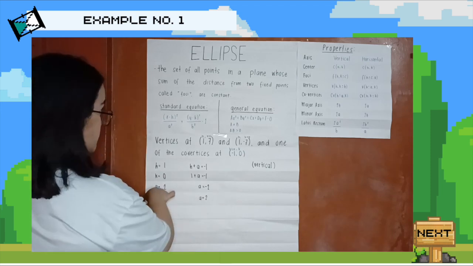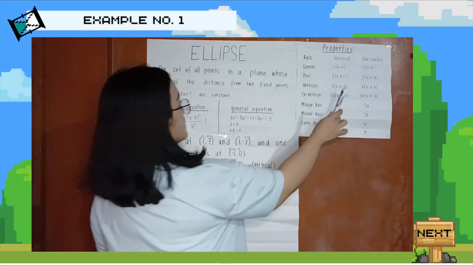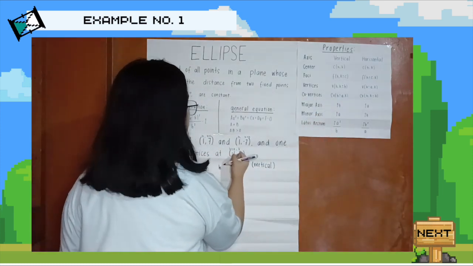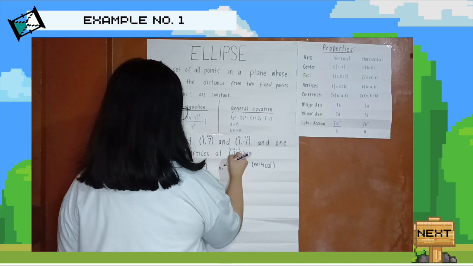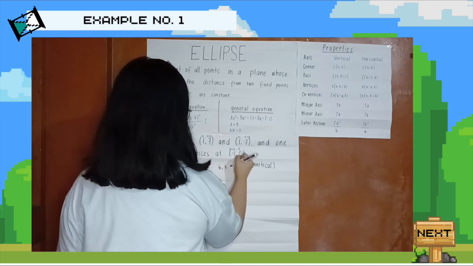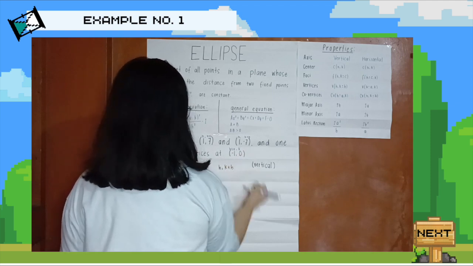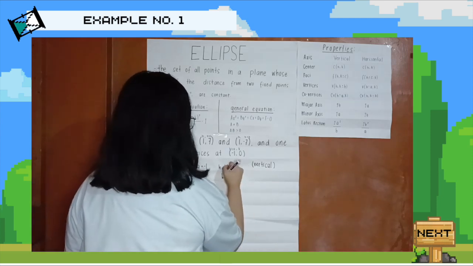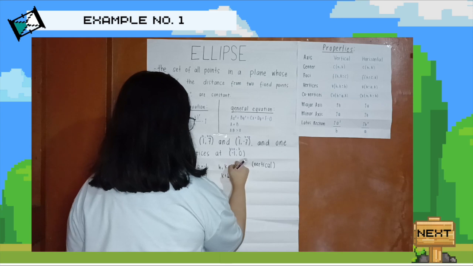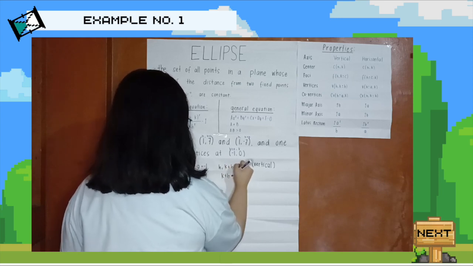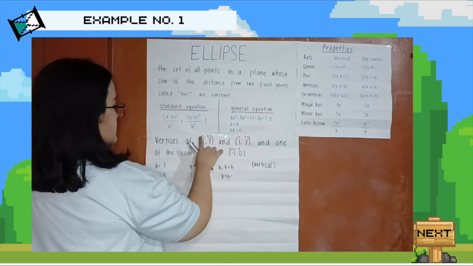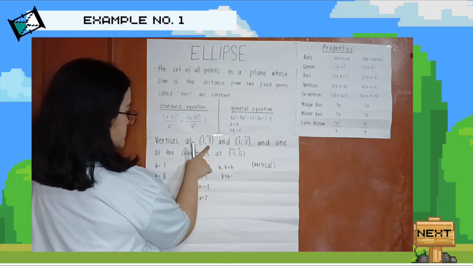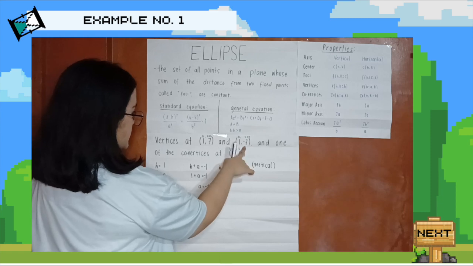To solve b, we will be referring to this: (h, k plus b). Since this one is higher, this will be our k plus b, equal to 7, since the other one is negative.